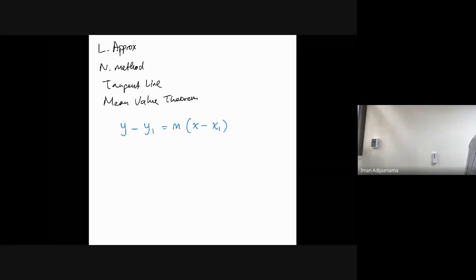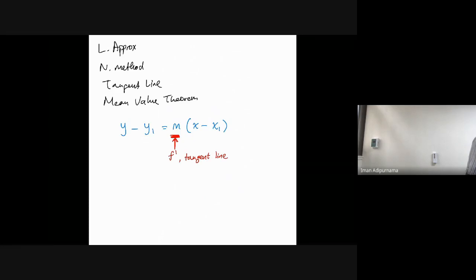So basically what we are dealing with is the gradient. The gradient is the f prime, or we can say this is the tangent line.